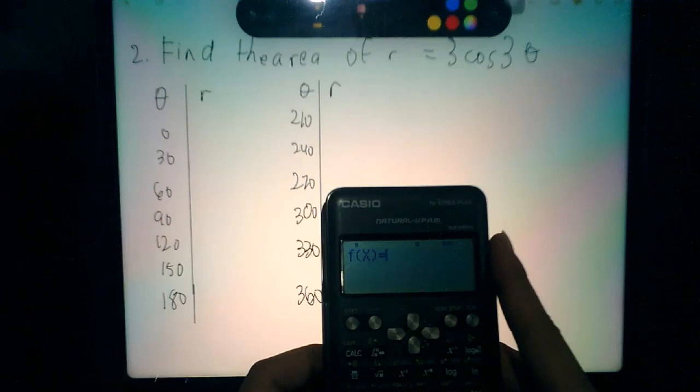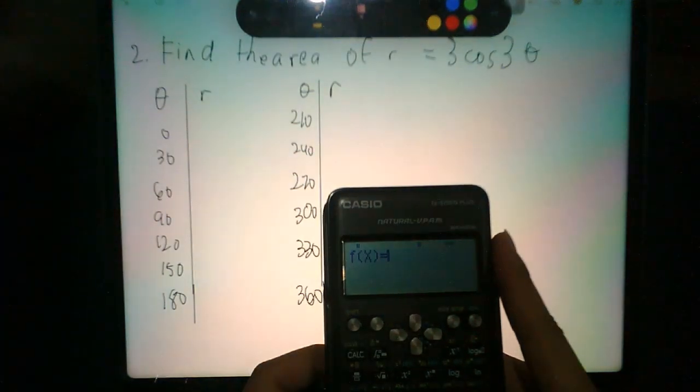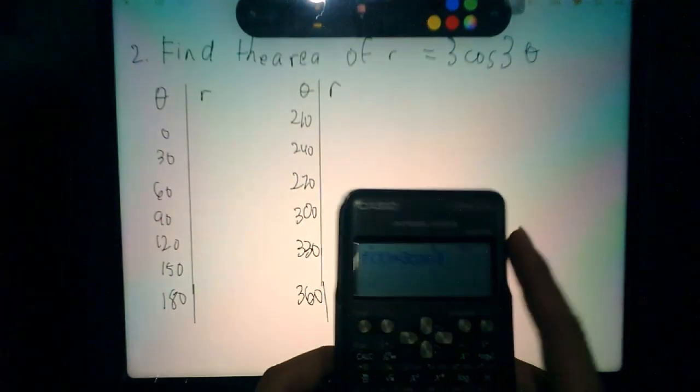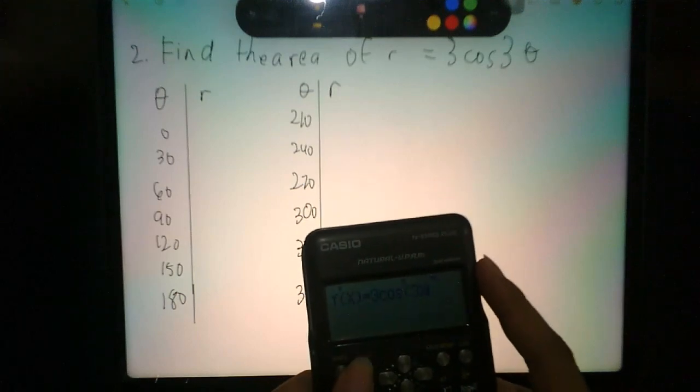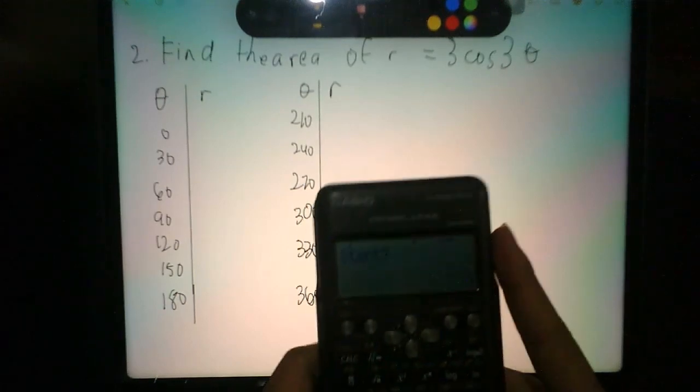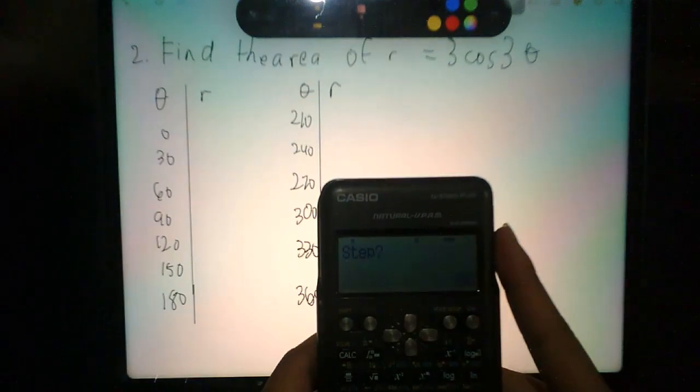So our function here is 3 cosine 3x. Start with 0 and end with 360 and the step is 30.